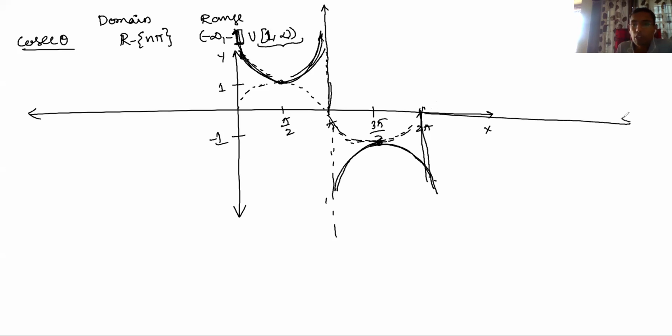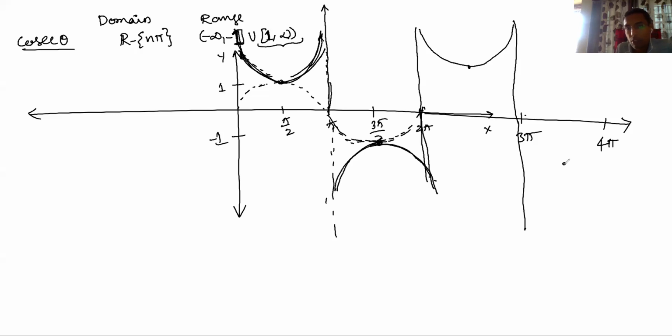Again, if you want to draw till 4 pi, let's say this is 3 pi and this is 4 pi. So you can draw, again it will be like this. If you take here 1, this will be like this opposite. And here if you take minus 1, it is going to be like this.